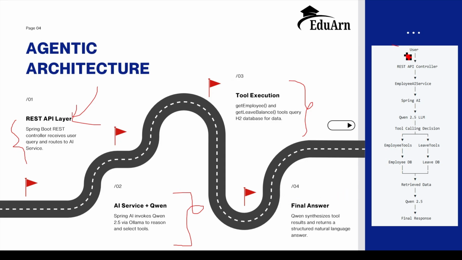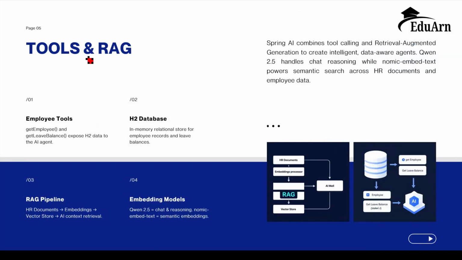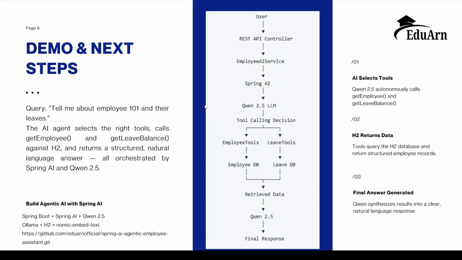In the user flow, it goes through a REST API controller, employee service, the AI Qwen model, and tool calling, like employee tools or getting leave balance from the database, retrieving data, and the Qwen model, and then finally we get the answer. So these are the tools and all the details, which I already explained. Followed by that, we are going to demonstrate how it works in actual.